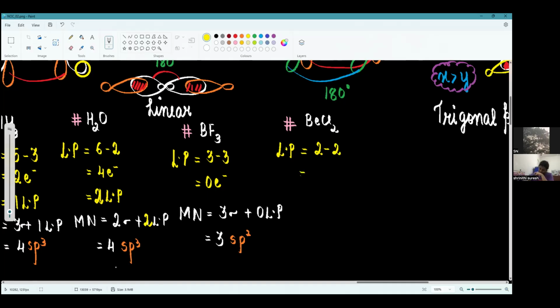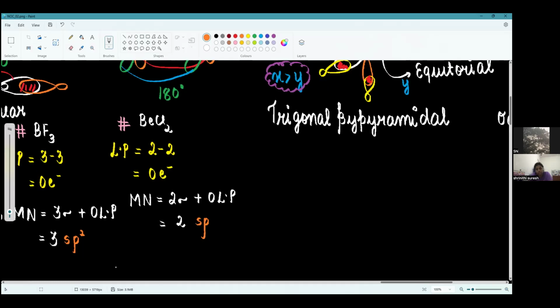So 0 electrons, and 0 electrons means lone pair will also be 0. So the Modi number will be 2 sigma and 0 lone pair. So the Modi number will be 2. Hybridization will be sp. Got it? Yes, sir.